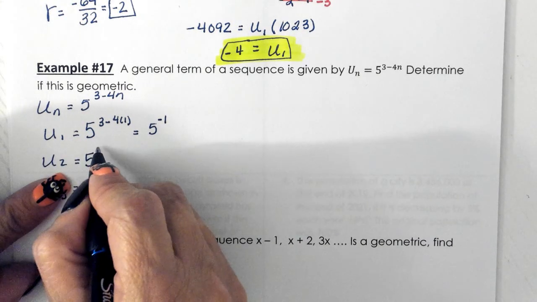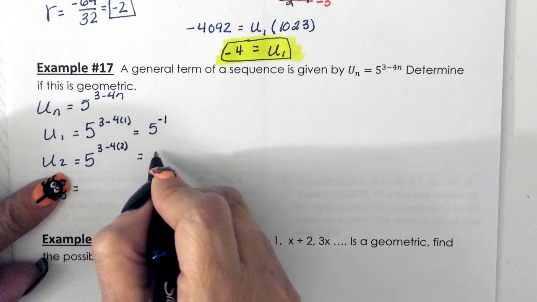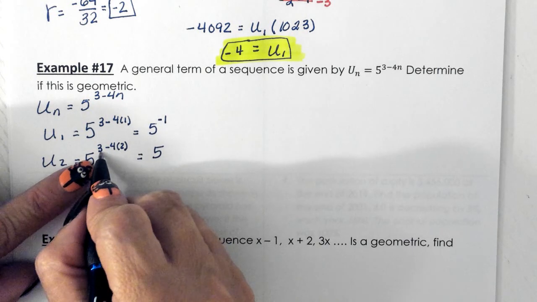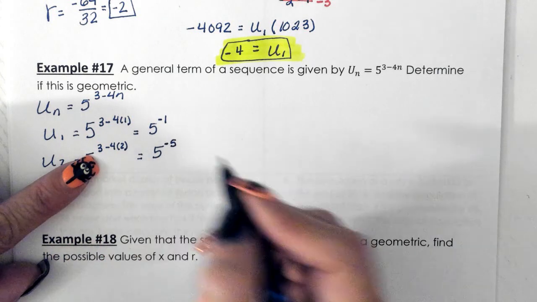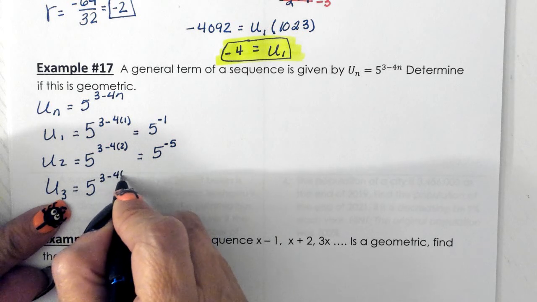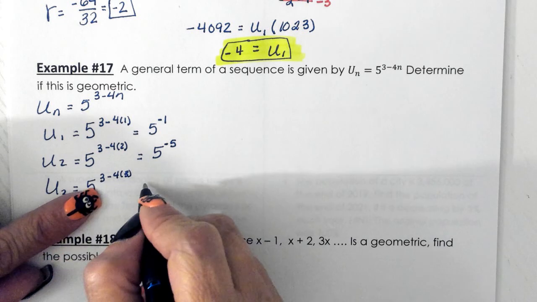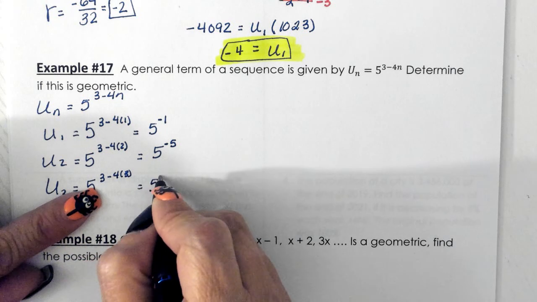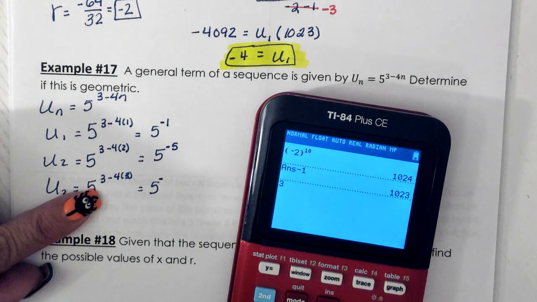This would be 5 to the 3 minus 4 times 2, so 5 to the 3 minus 8, that would be 5 to the negative 5. This would be 5 to the 3 minus 4 times 3, 3 minus 12, so 5 to the negative 9.